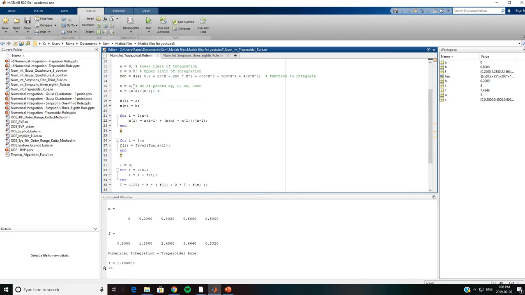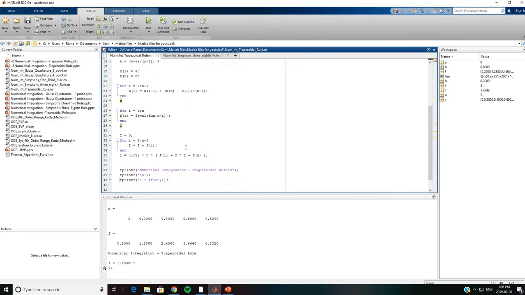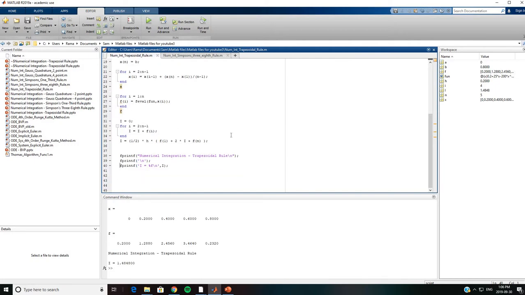We initially assume the number of segments n to be 5, and the x values are given here, and the function f of x at these x values can be evaluated like here. So I represents the integration value. When we run this, we get 1.4848.